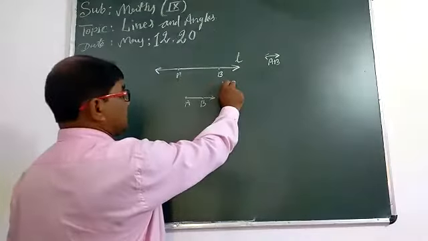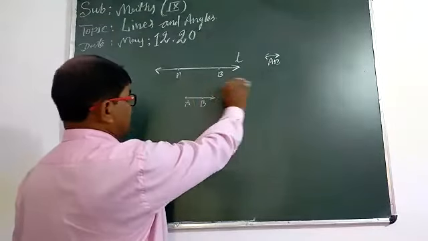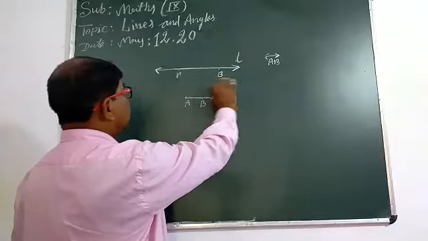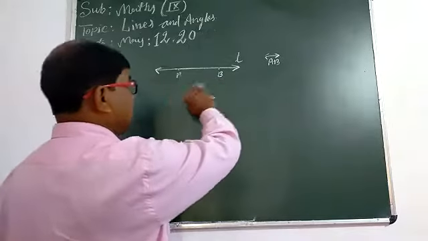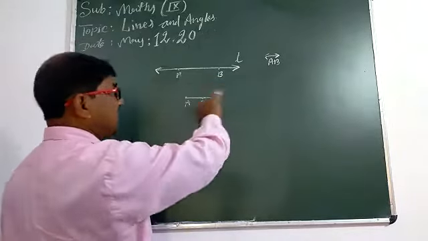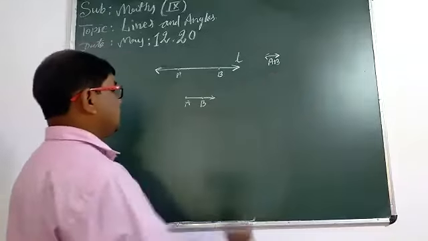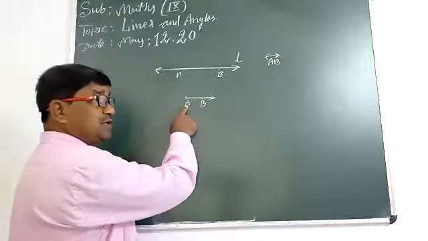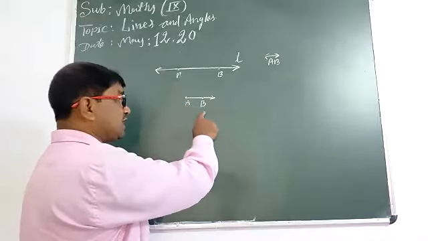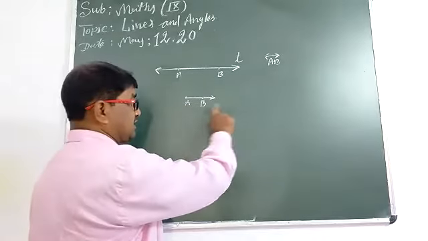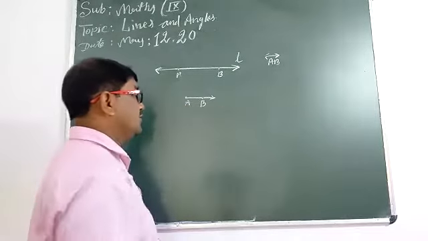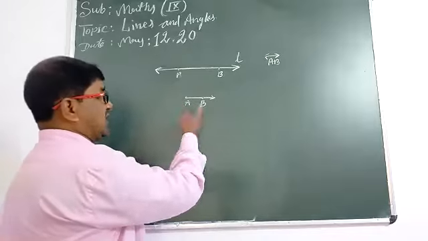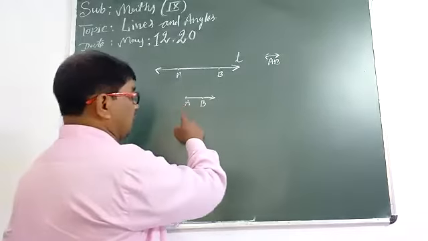This is a line, no end point here, because you can produce it in any direction. This part has one end point, and you can produce it in the direction of B.